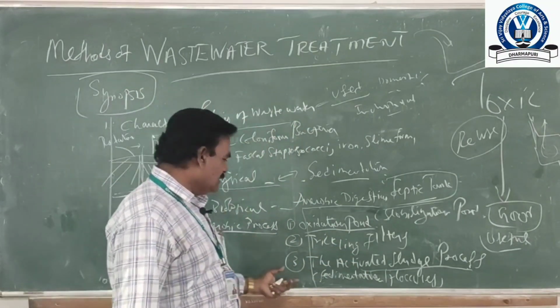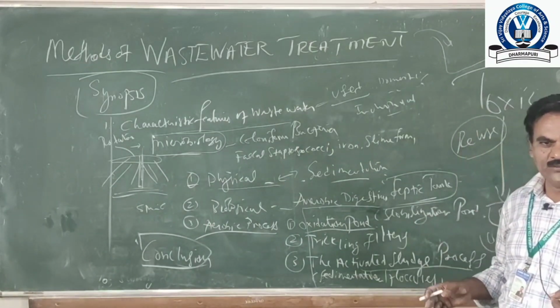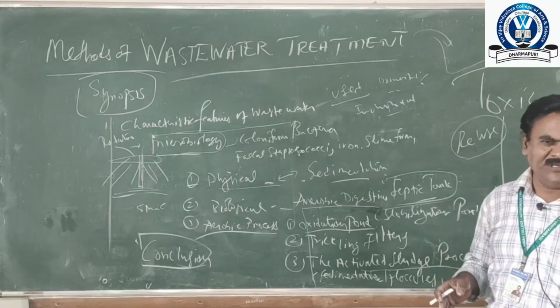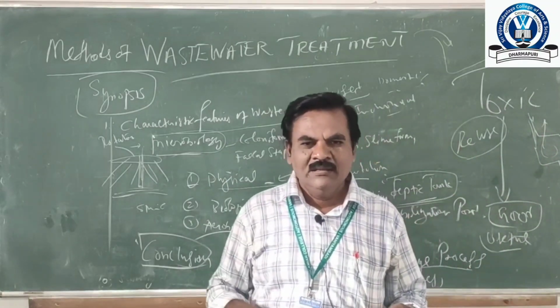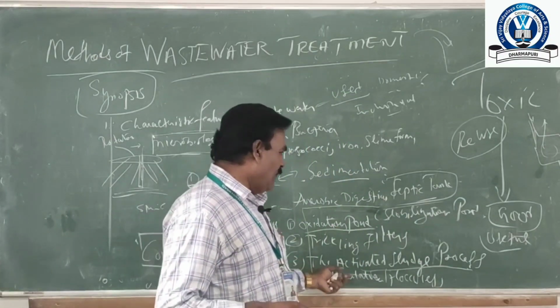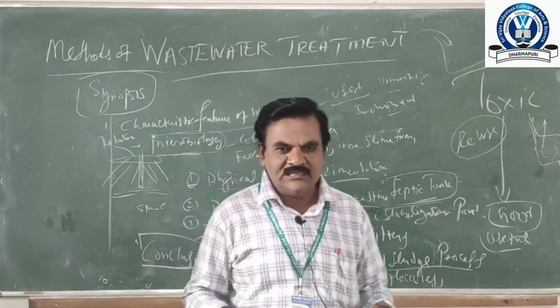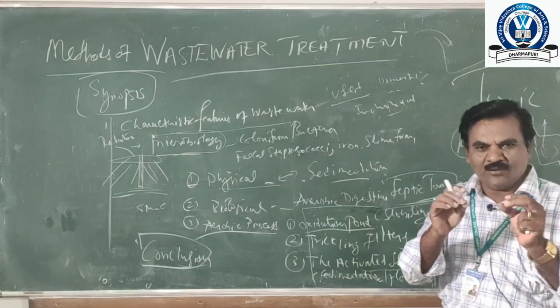Activated sludge is a very important wastewater treatment, a secondary wastewater treatment. It uses some aerobic methods and some microbes, and also flocs. What are flocs? The sewage contains large thickness of sludges.